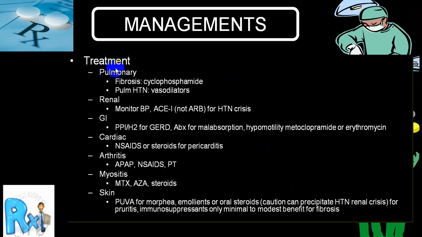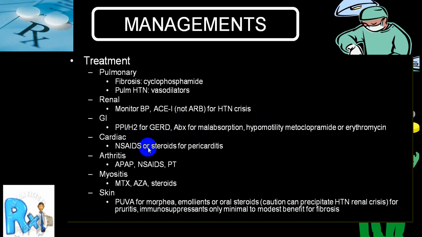As far as treatment of pulmonary fibrosis is concerned, mainly immunosuppression, and in pulmonary hypertension, CCB. Renal involvement, again ACE inhibitor is the first drug of choice. GI tract involvement, mainly PPI, and treatment of malabsorption, etc. should be done.